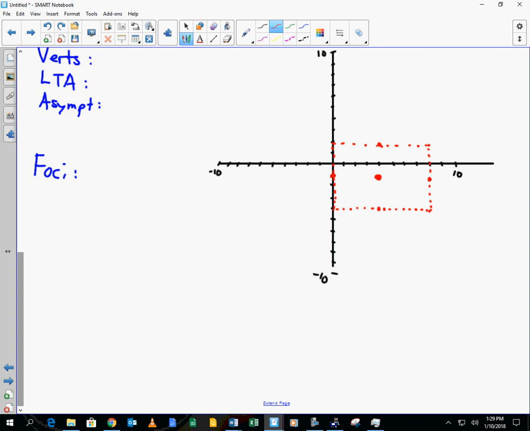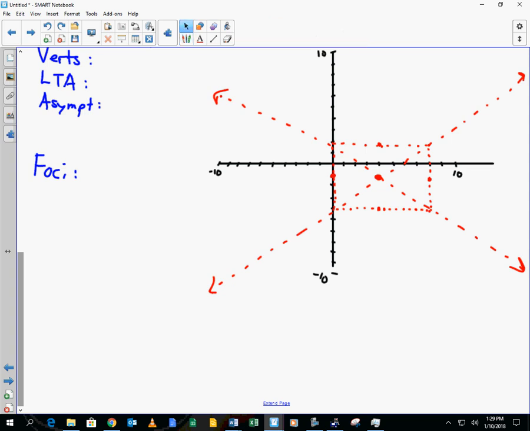What's the next step that you need to take in order to draw an accurate graph? Draw my asymptotes through the diagonals. You can see how the box really helps me kind of get the overall construction rather quickly.